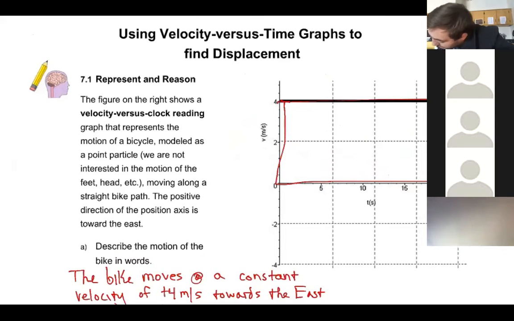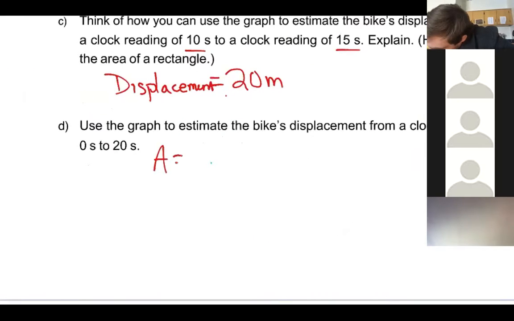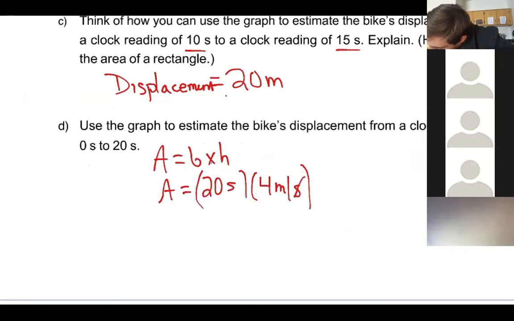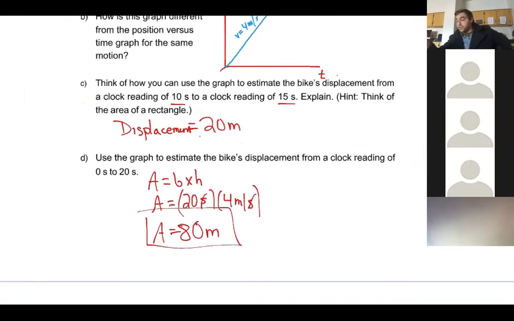Then I see a base of 20 seconds, a height of 4 meters per second, and I do the same calculation. Area equals base times height. Area equals 20 seconds times 4 meters per second. My seconds cancel out, and I'm left with 80 meters of displacement.